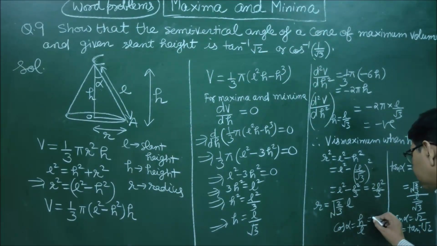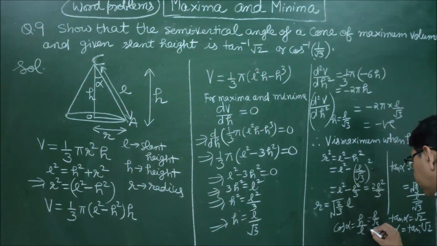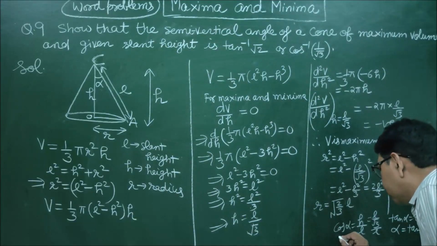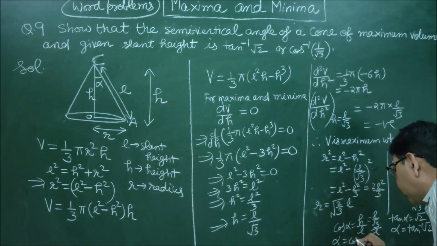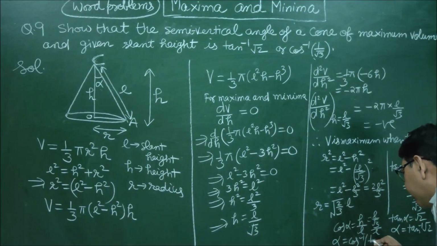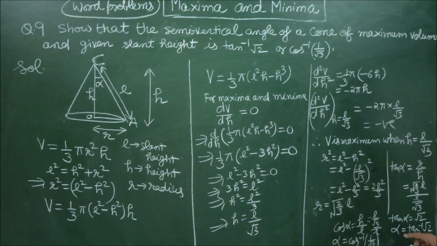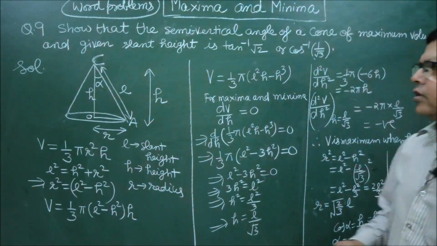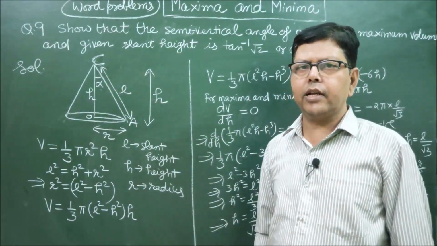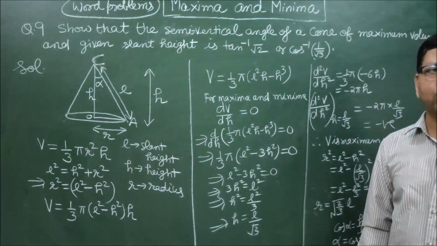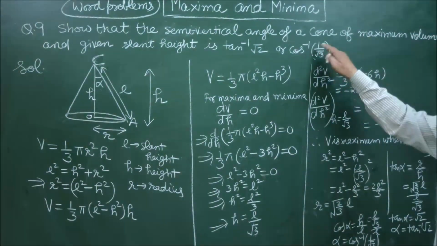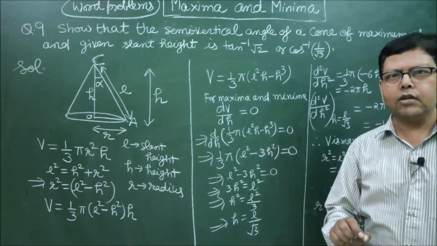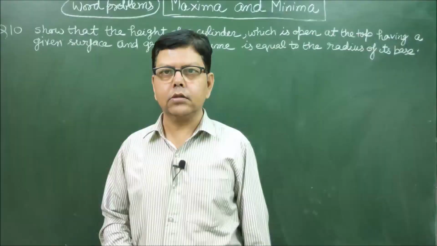L upon root 3 upon L, L and L get cancelled, so alpha is equal to cos inverse 1 upon root 3. So the volume of the cone is maximum when the semi-vertical angle is tan inverse root 2 or cos inverse 1 upon root 3. So with this the question is complete.